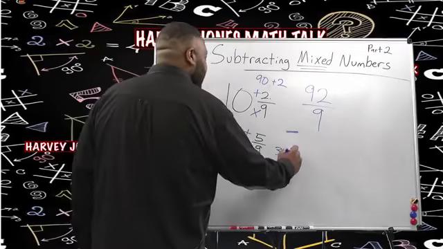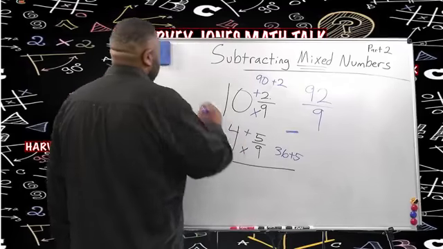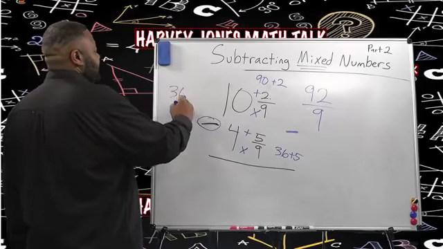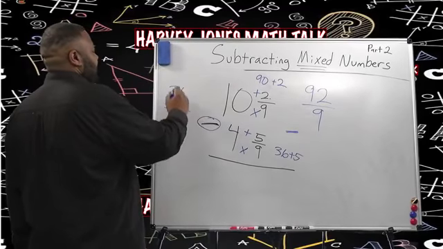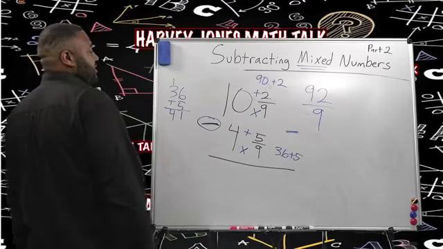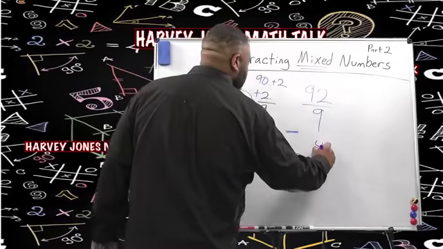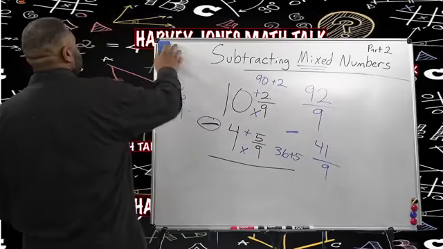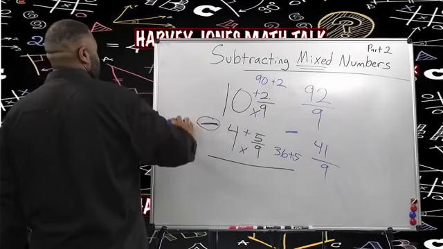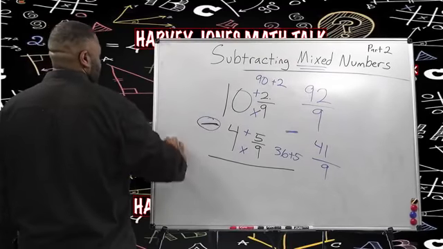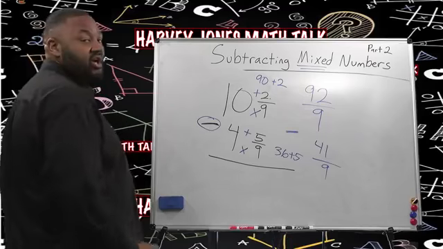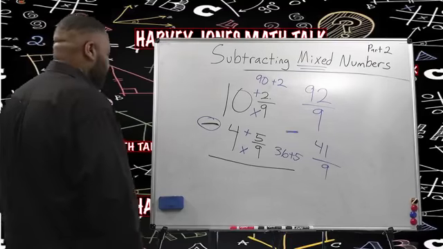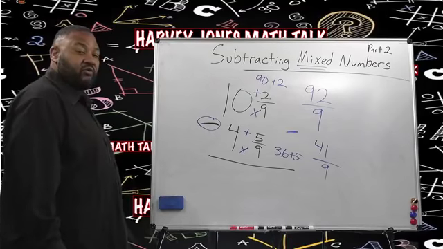Plus 5. 36 plus 5, that's an 11. Carry your 1, 3, 41. So now I got 41 over 9.